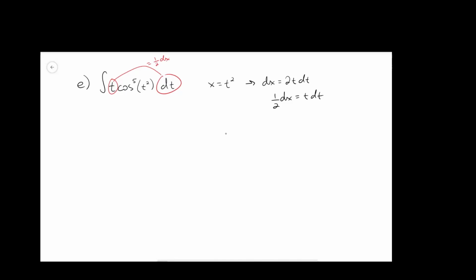So this integral will become cosine to the fifth x dx. And I guess I have to have that 1/2 there as well, right? Okay, any questions about how we got to this point?